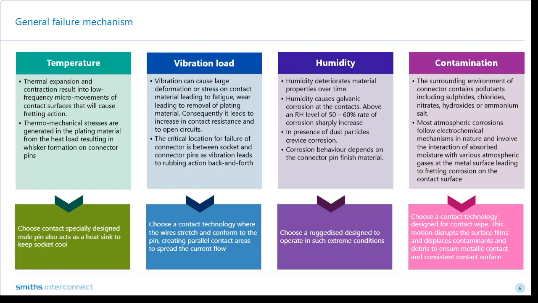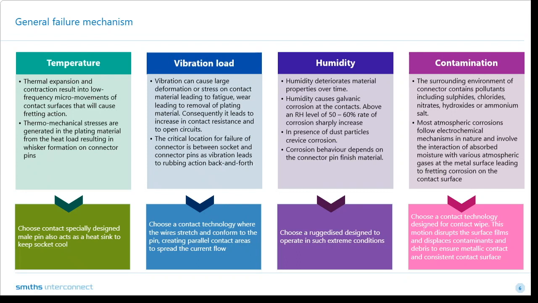Vibration load. A vibration can cause large deformation or stress around the contact material, leading to fatigue, wear and tear due to removal of plating material. And then it's a bit of a vicious cycle, right? Once that process has started, it increases the contact resistance, and then you go through that chain from a good to a very poor performing connector due to the increase in contact resistance.